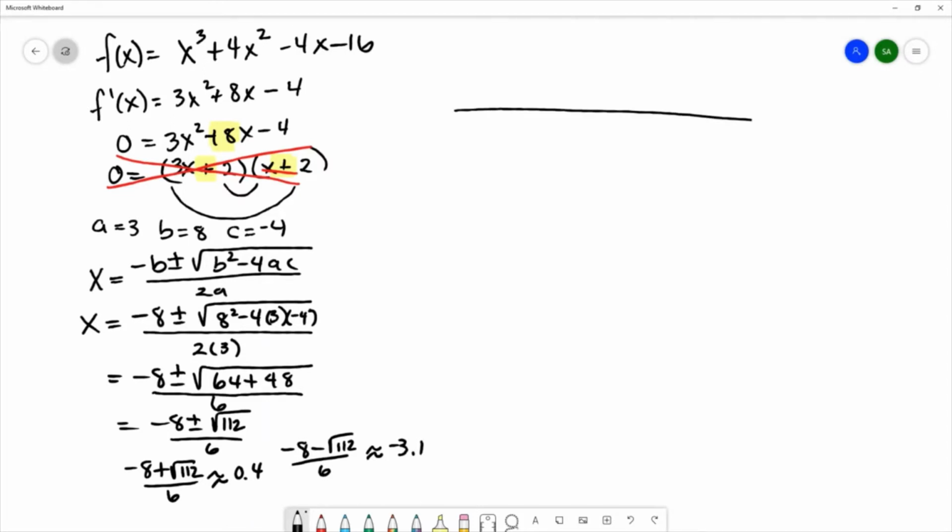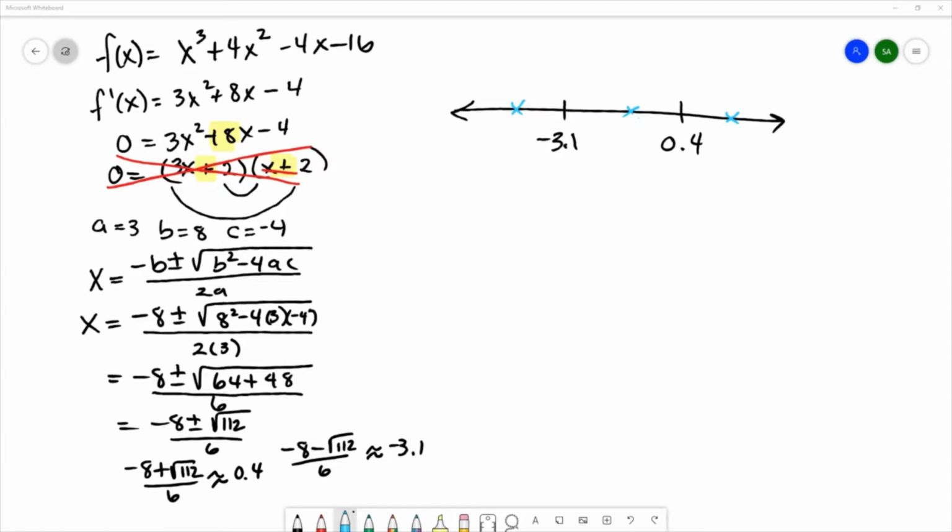And we're going to place these critical numbers on the number line in order from smallest to largest. What we want to do is pick test points in each one of these intervals to see if they come out to be negative or positive. The ones that come out negative are intervals where the function is decreasing, and the ones that come out positive are intervals that are increasing.